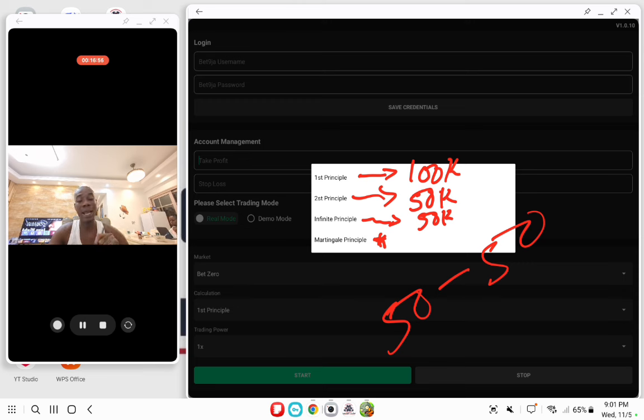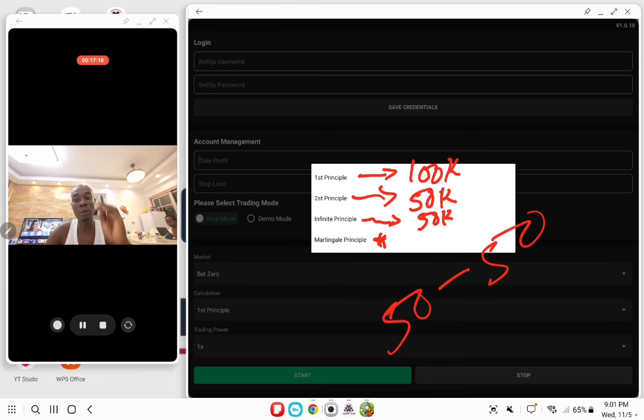If the market is stable, there is a possibility that it will already make more than this for you. So this one is more like you want to earn faster and you are willing to take the risk of the loss. Okay, that's what this one means.